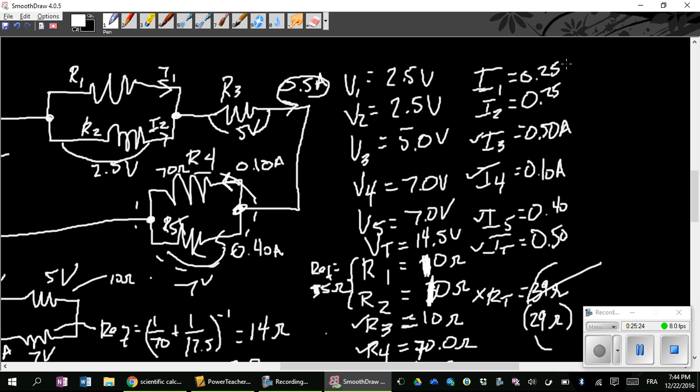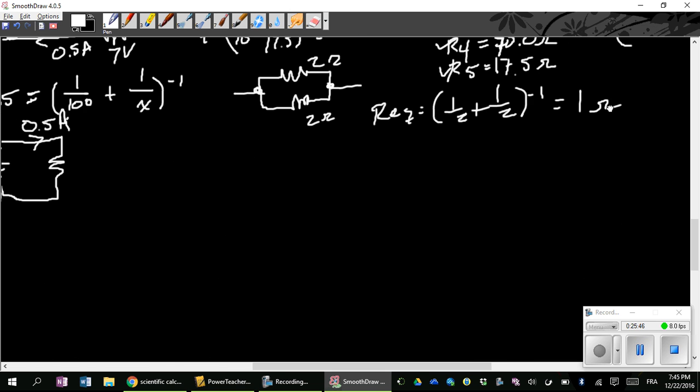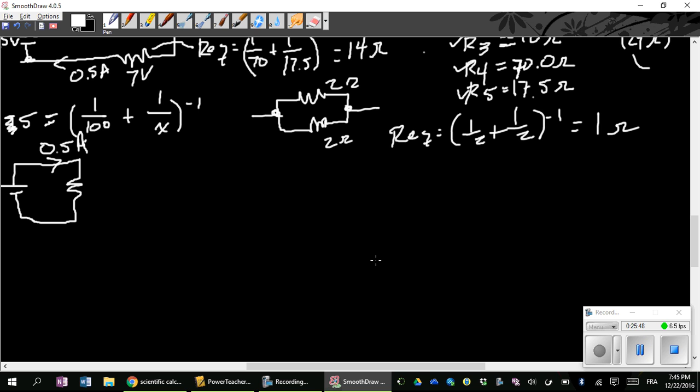For R1, okay, so they're picking two random values, 13 ohms and 8.3 ohms. It's totally random. Does this work to give 5 ohms?